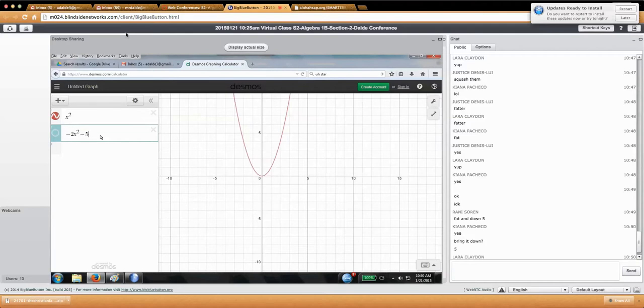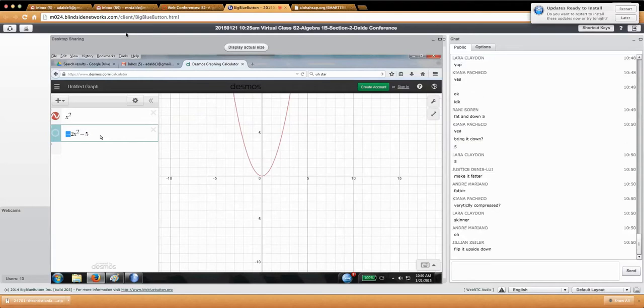Very good. Awesome. Okay. What would the negative in front of the x squared term do? This thing right here. It makes it fatter. No, it doesn't. Nope, it doesn't make it fatter. Flips it upside down. There we go. Awesome. It flips it upside down.